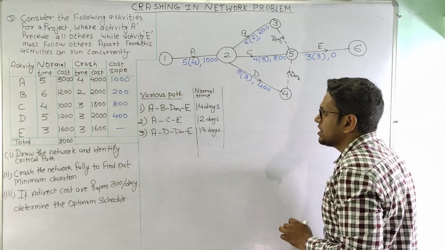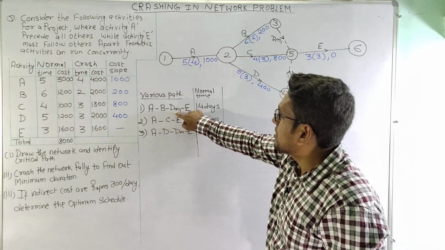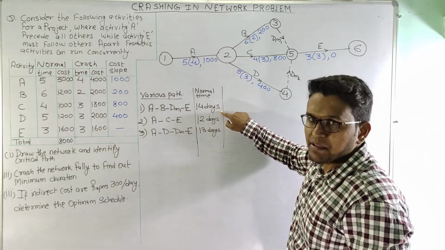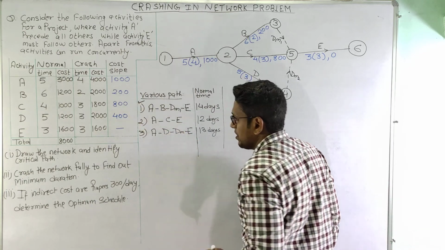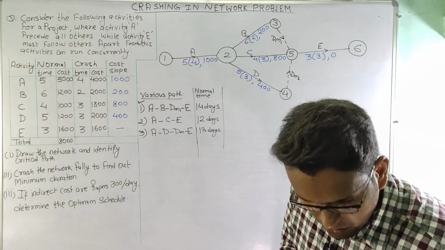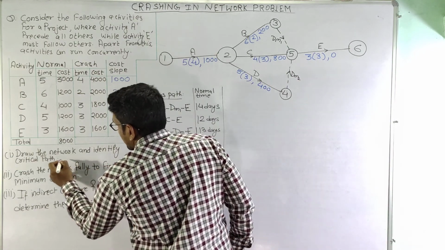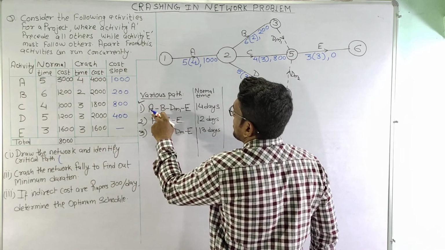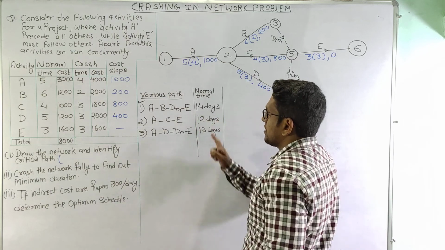So as we can see here, this route A, B, dummy and E has 14 days, which is the maximum time. So our critical path is this. So we will write here the solution of the first part is to find the critical path, and the critical path is the longest duration.